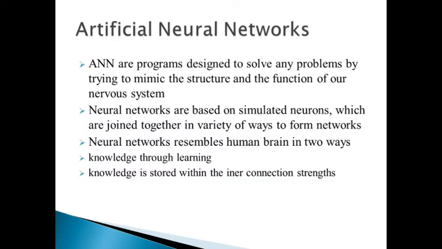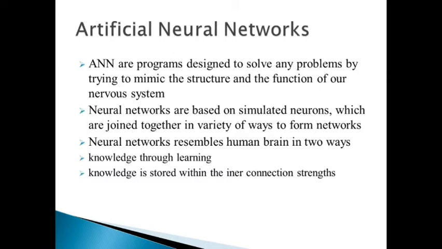Coming to artificial neural networks, the overall idea is that these are programs designed to solve problems by trying to mimic the structure and function of our nervous system. So it will try to solve the problems by itself.